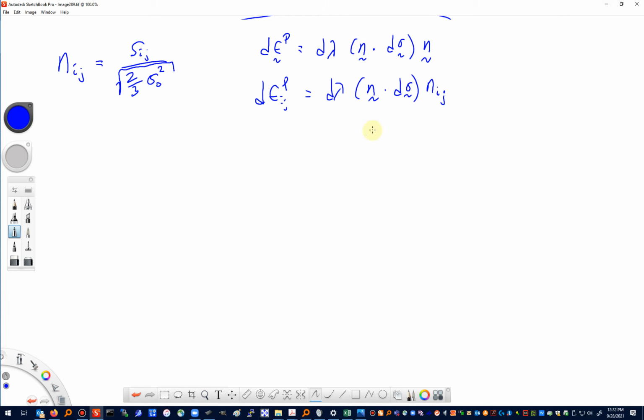The n in this dot product is this term dotted with d sigma, so we can do the index notation, d sigma mn, and then we have our nij, which is our sij divided by the square root of 2/3 sigma naught.